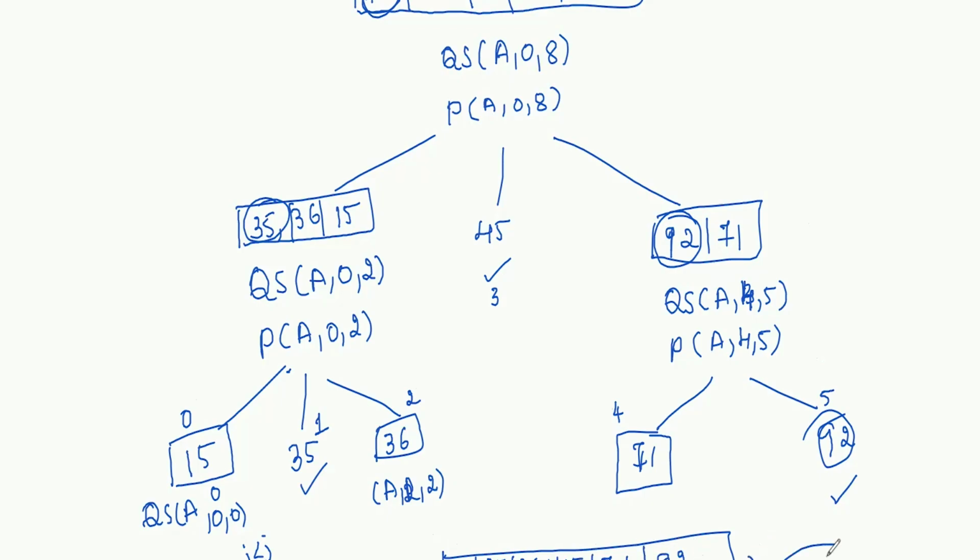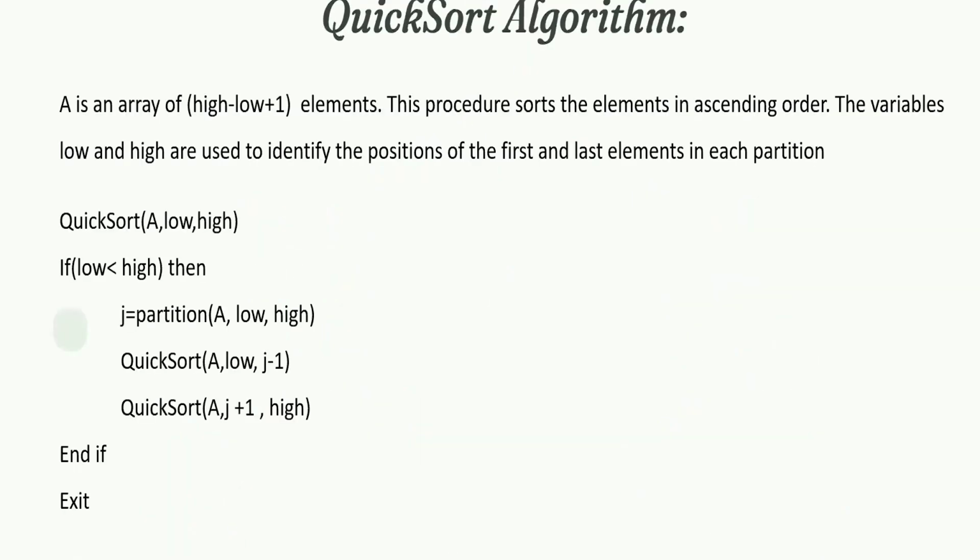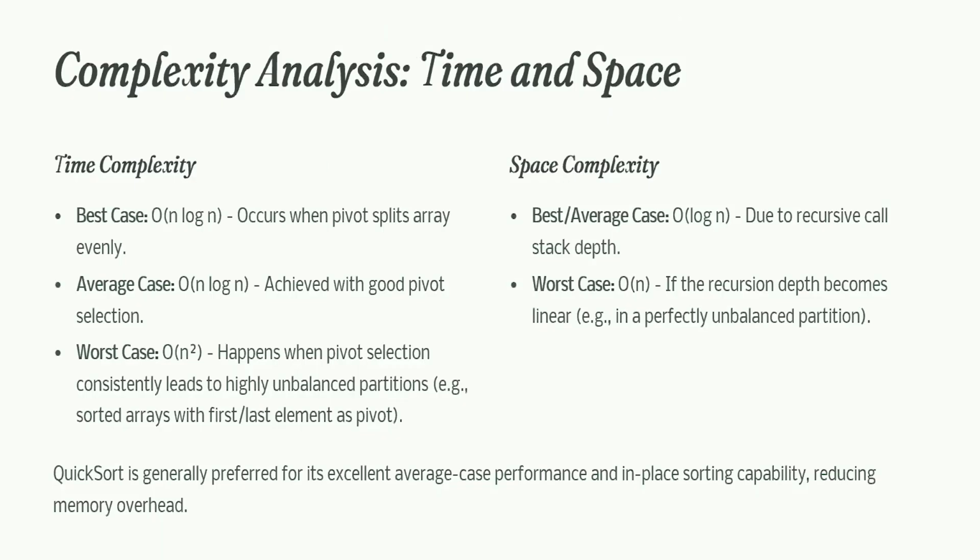As you can see, our array is sorted. So this is how quicksort works. I hope it is clear. It might look like a very lengthy one, but I've taken enough time to explain it slowly. So you can watch it again and understand it clearly, and you can take some other example also for your understanding.